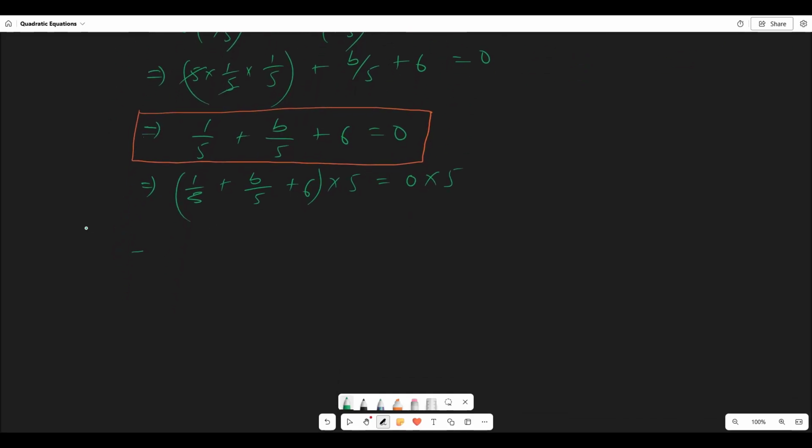So now this will become 1 plus b, and this 5 and 6 will be multiplied, this will become 30, and 0 into 5, obviously that is 0. So this will become b plus 31 equals to 0, therefore b equals to minus 31.